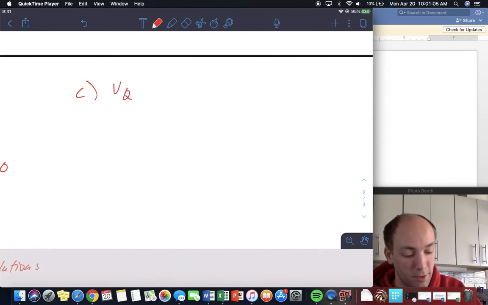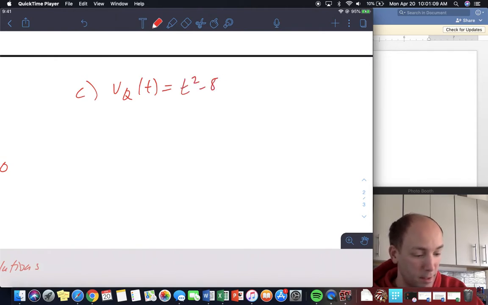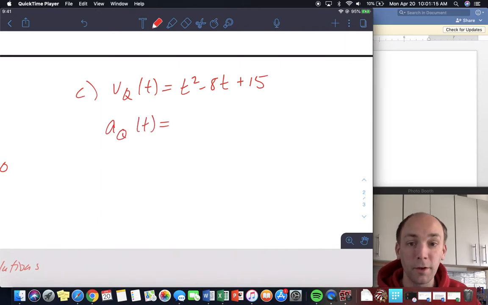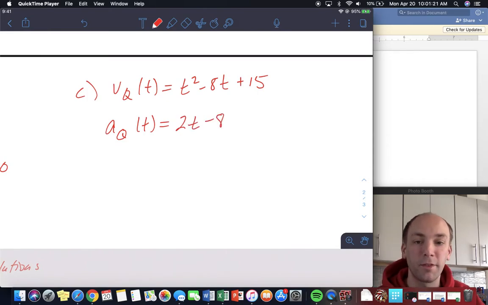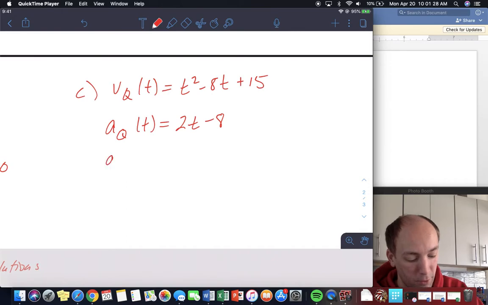So the velocity of Q is t squared minus 8t plus 15. Its derivative, the acceleration: the derivative of t squared would be 2t, the derivative of minus 8t would be negative 8, and plus 15 would be the derivative of 0. It says find the acceleration of particle Q at time t equals 2, so we're going to plug in 2.